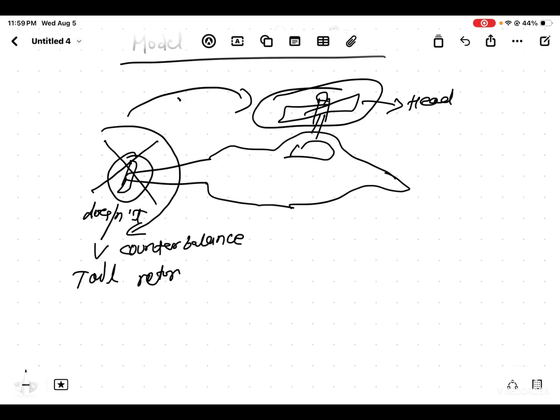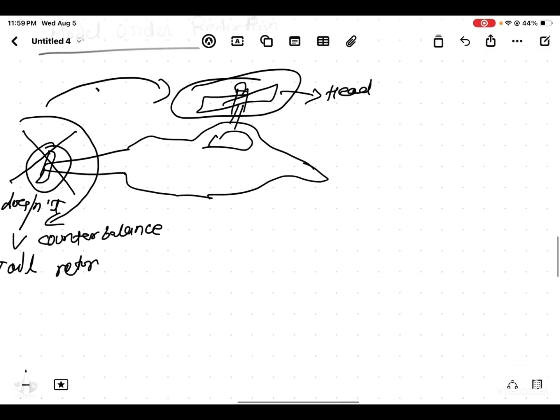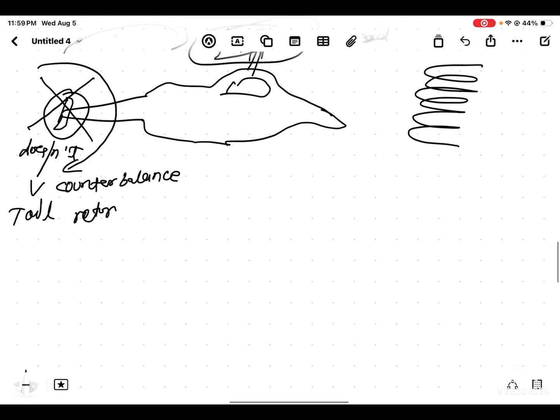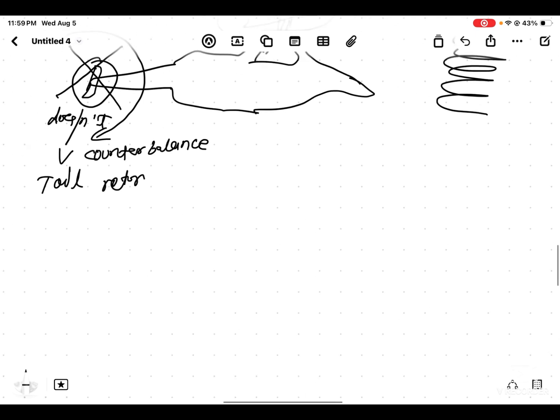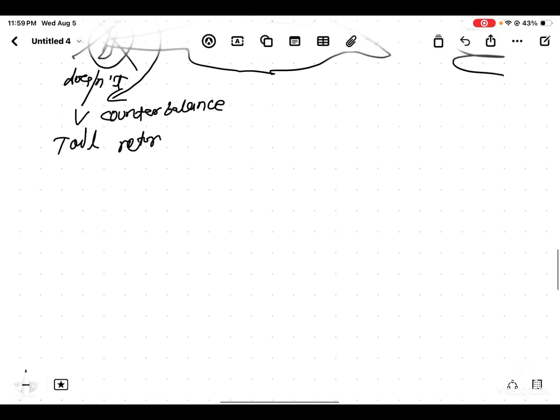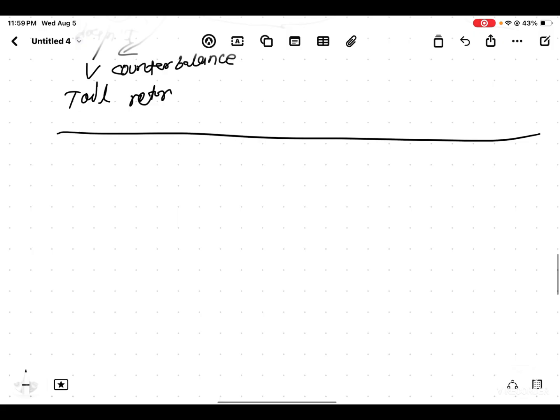What if there is no tail rotor? The counterbalance is not there, and the helicopter spins or rotates like this uncontrollably due to torque induced by friction in the rotor shaft. It will spin uncontrollably.